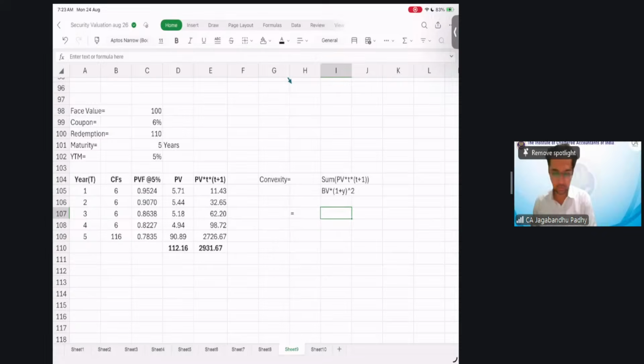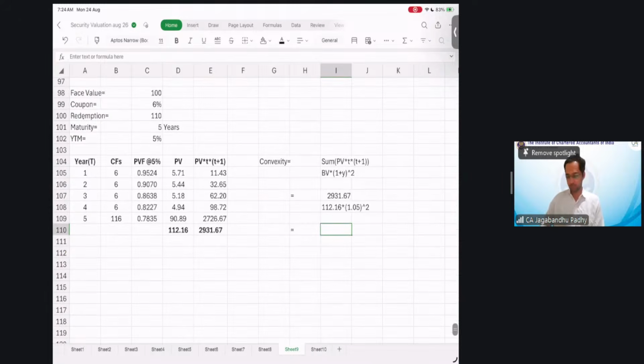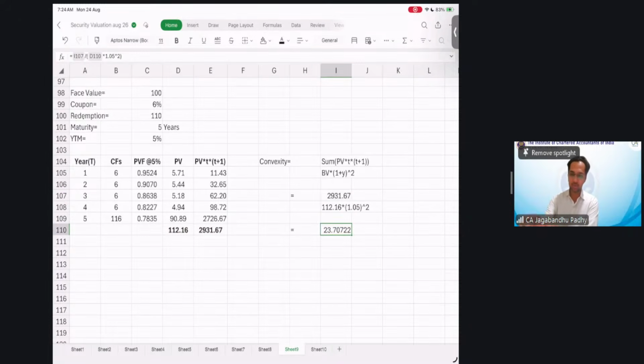Yeah, what's the answer? The value of convexity. So in the numerator, it will be 2931.67. Denominator, it will be 112.16 multiplied by 1.05 raised to 2. This divided by that comes to 23.7072.